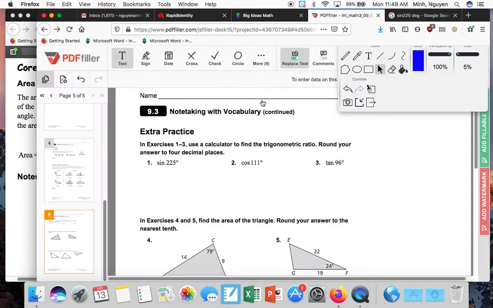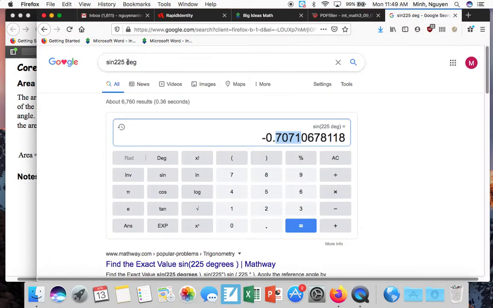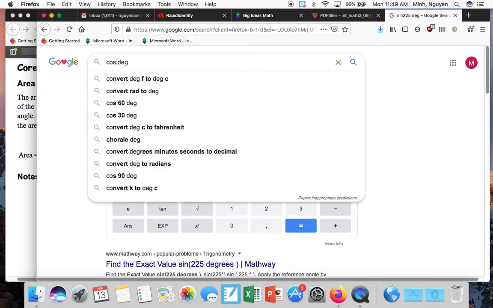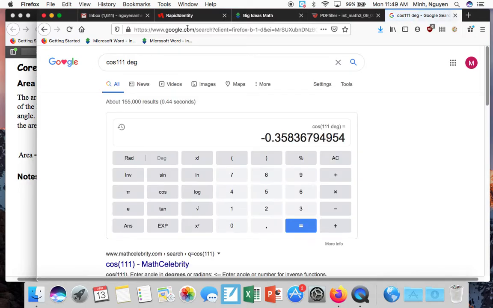So negative 0.7071. And they include these problems basically to make sure that you know how to use your calculator, so that when you're doing this, you're typing it in correctly and you're not doing something like putting in radians or something like that. Cosine 111. So 4 decimal places, 358.